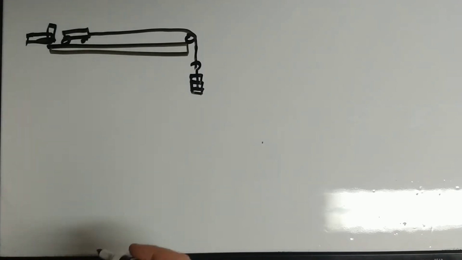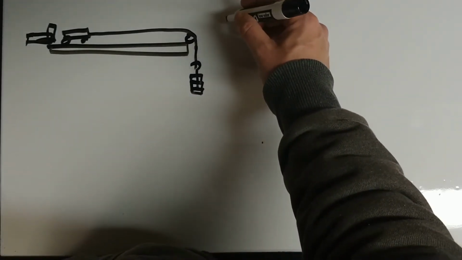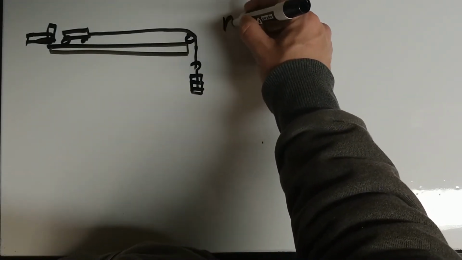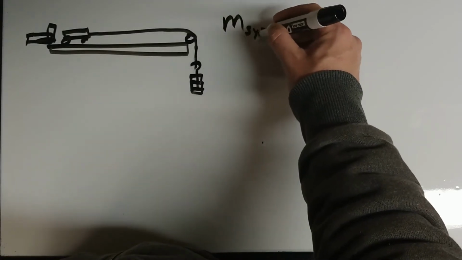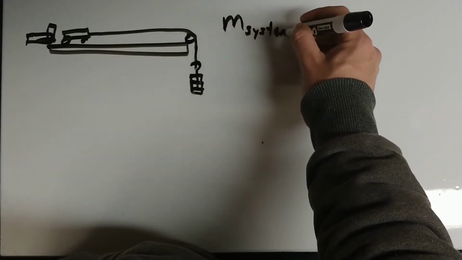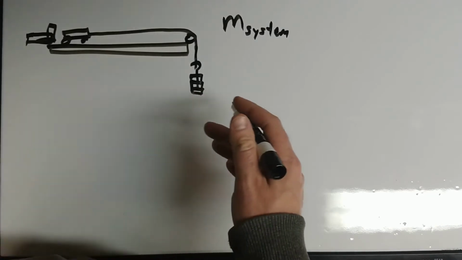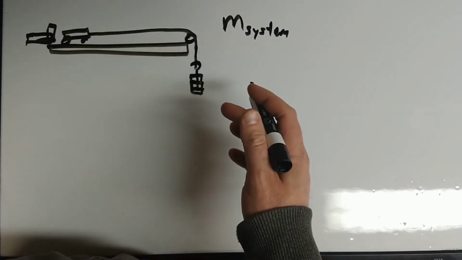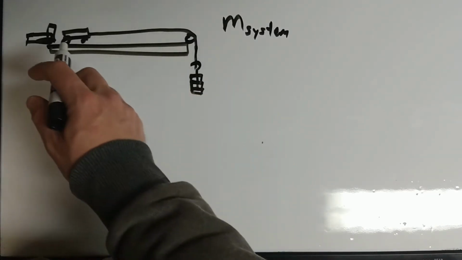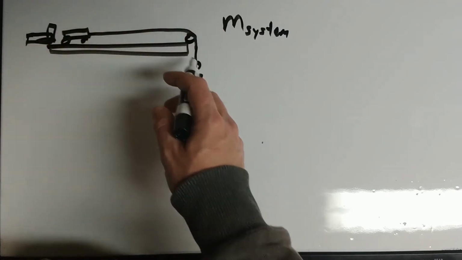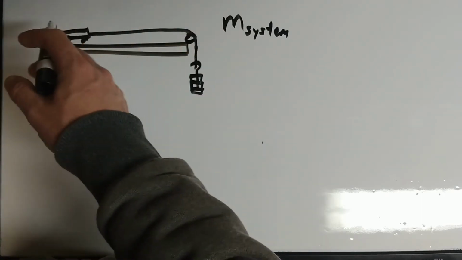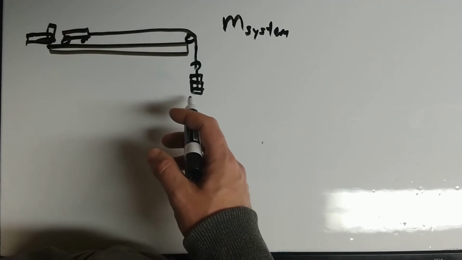One thing that's important is that we have to measure the mass of the system. The system is whatever's moving here. So the mass of the hanging mass and the cart together make up the system.